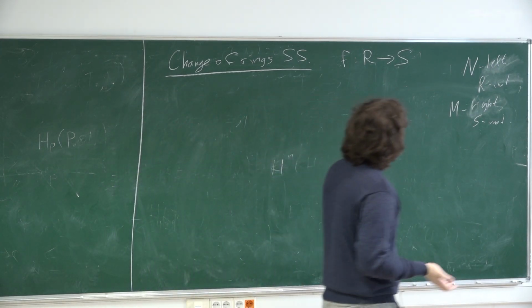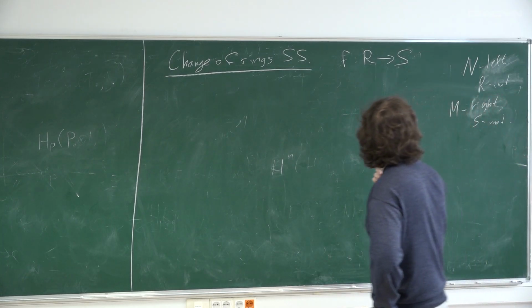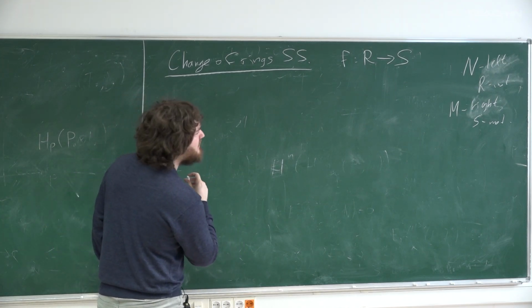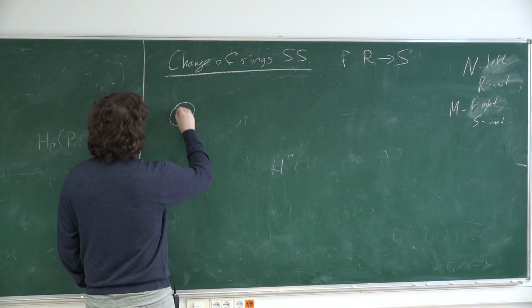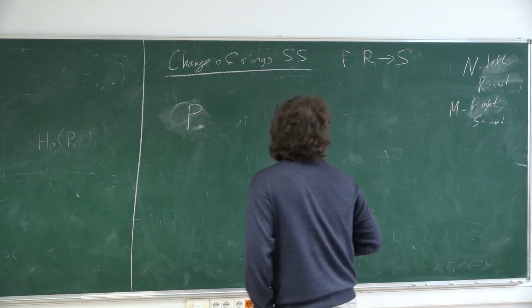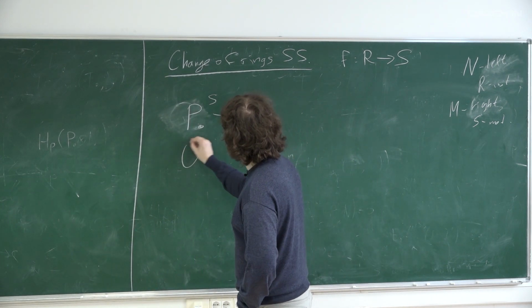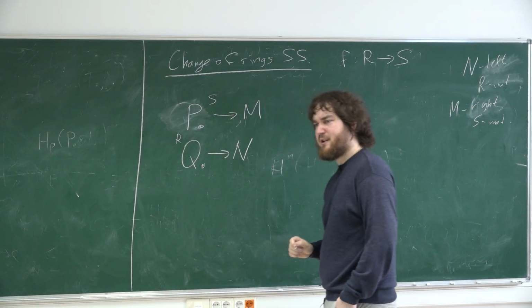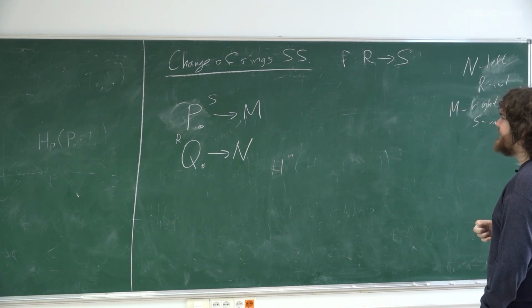Consider the projective resolutions. I consider an S-module projective resolution of M and an R projective resolution of N. So I have a projective resolution of right S-modules of M and a left projective resolution of N. Now consider the tensor product.